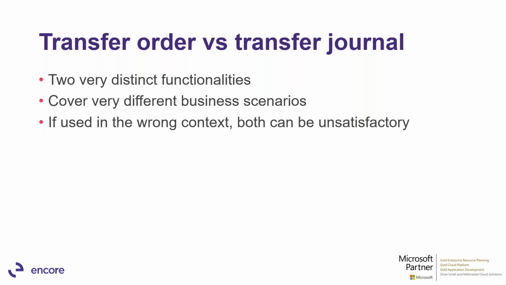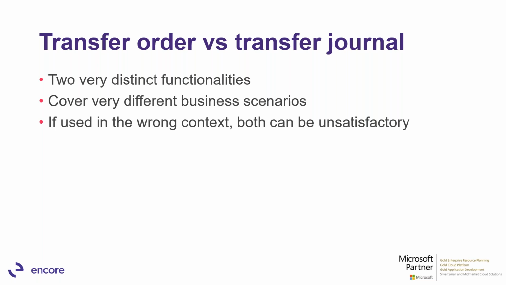But the reasons for me to present the differences and the appropriate business scenarios for both the transfer order and the transfer journal are the same as they were for presenting the inventory adjustment options. And that is because I come across these functionalities being misused way more often than I would like to.